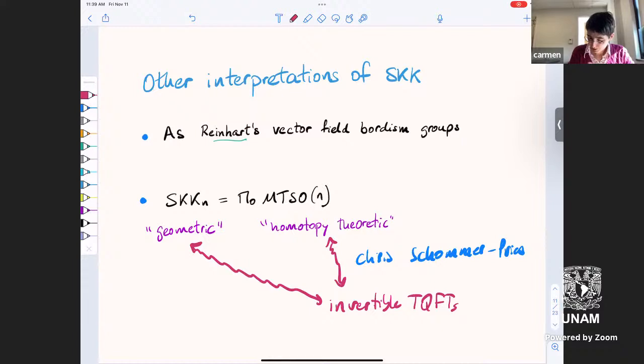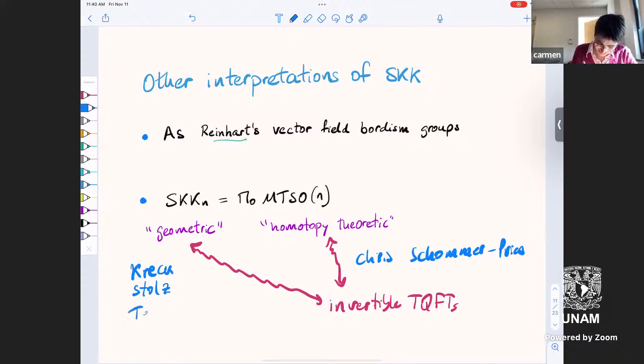So just to give the whole framework, this geometric interpretation of invertible TQFTs was, in a sense, not quite written, but first discovered, or the first people who thought about this were Stefan Stolz, Craig, which came alphabetically earlier.